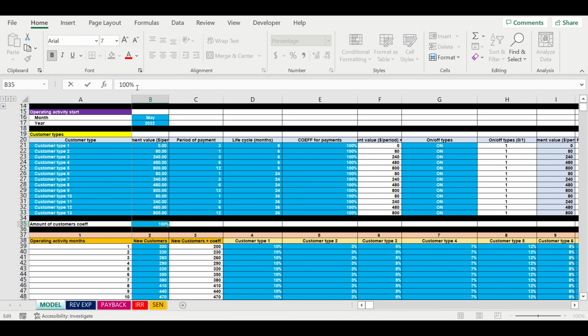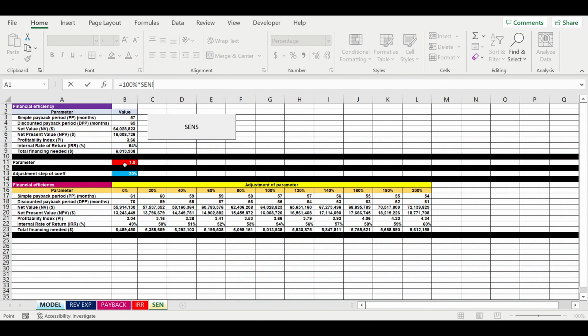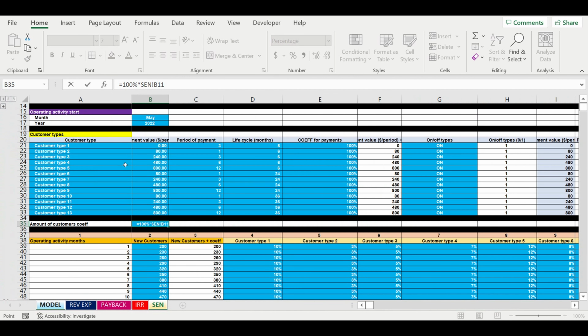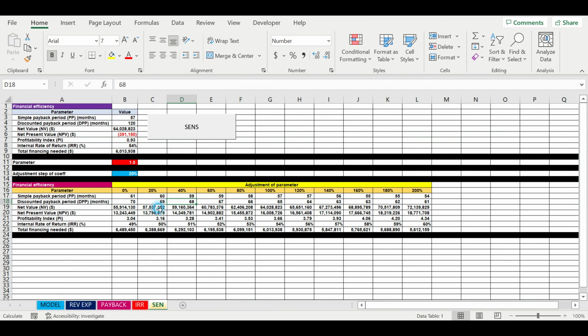So we just take this, multiply it on coefficient, press enter. And now we will see what will happen with financial efficiency if we increase or decrease the amount of new customers in our project. So we just have to press sense button and see what will happen.